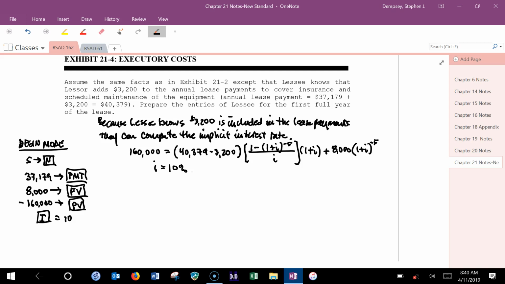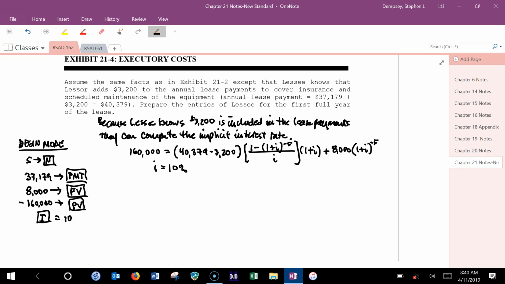So do you see why the lessee would want to pull the executory costs out of the payment to compute the implicit interest rate in the lease by the lessor? Okay. So as long as they know the executory costs, again, they can compute that implicit interest rate, and that's what they would use. You follow?